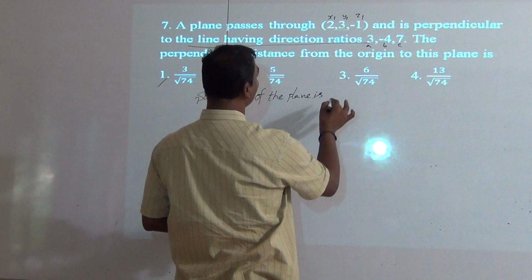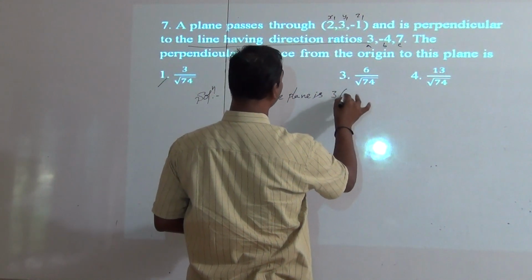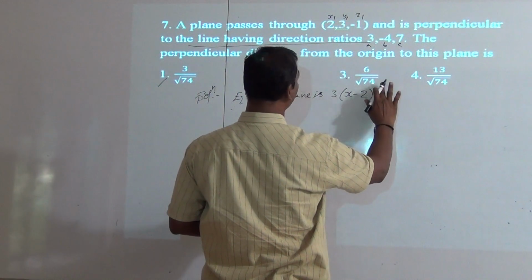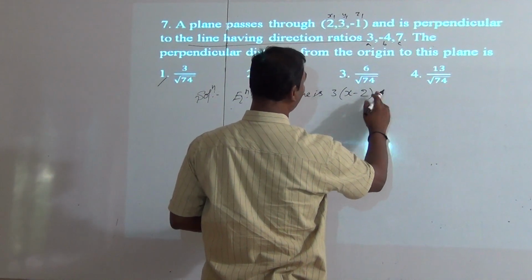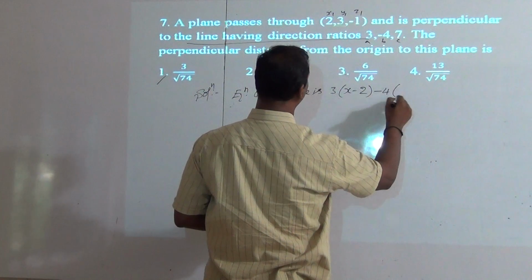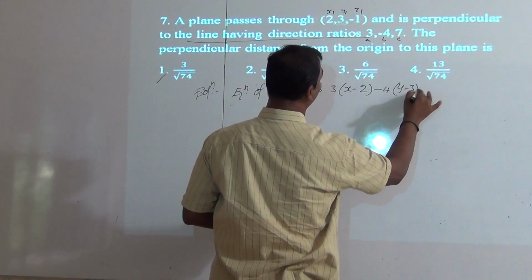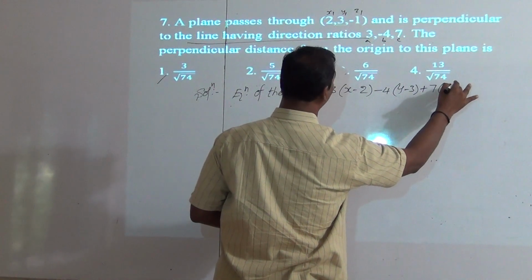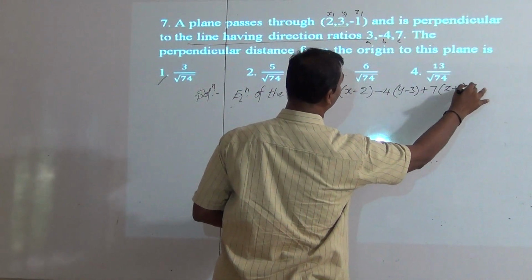So A is 3: 3 times (x minus 2) plus B is -4 times (y minus 3) plus C times (z minus z1) equals 0.